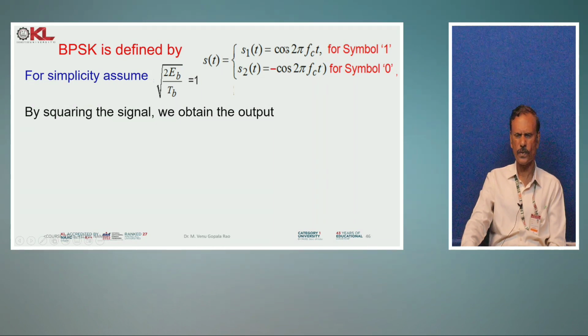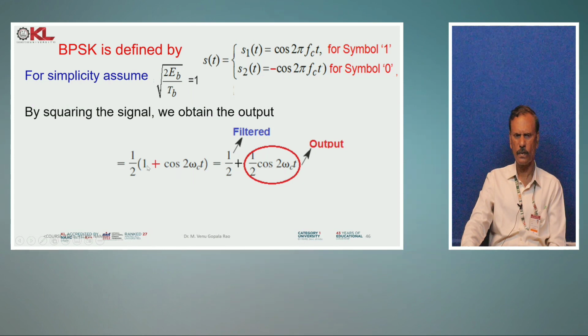Both are the same, cos squared. So both become cos squared 2 pi fc t. This cos squared 2 pi fc t can be represented as half of 1 plus cos 2 omega c t, based on the trigonometric identity. So this expansion gives half plus 1 by 2 cos 2 omega c t.